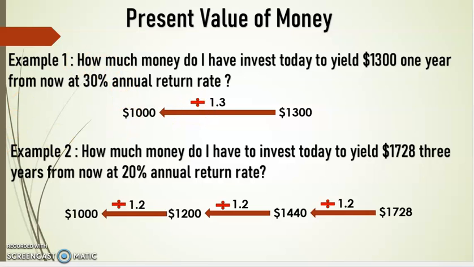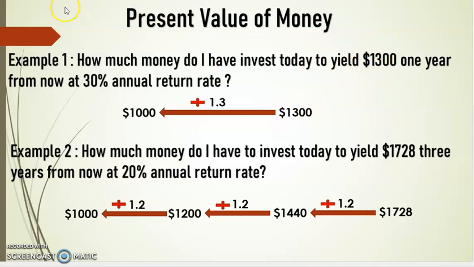Now the same calculation that you did to calculate the future value of money, you are going to reverse, or work backwards, to find how much today I have to invest to get X amount in certain years.